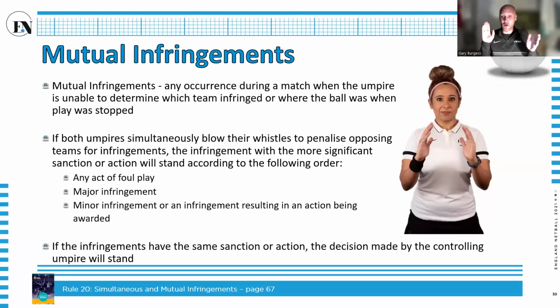So if we both blow an infringement, if I blow a foul play and you blow something else, my foul play counts. If I blow a major infringement and you blow a minor infringement, my major infringement counts. Or if I blow a minor infringement or an infringement resulting in an action being taken.